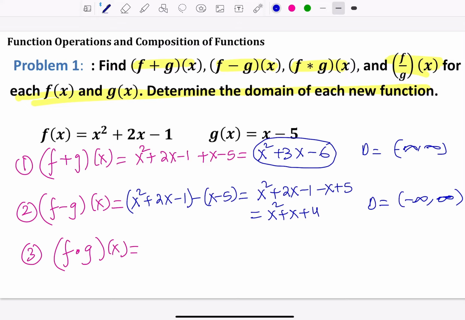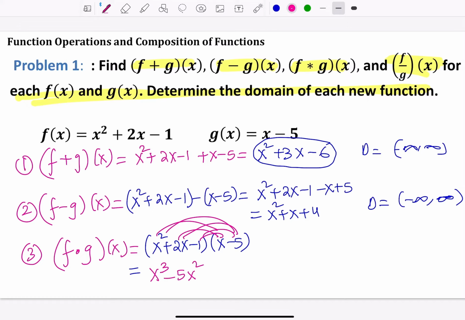Next, we're going to be talking about the product function, f times g of x. For the product function, we can simply go ahead and multiply the two functions, and we would be using the distributive property to multiply them. So we can do this and then combine the like terms. So it would be x to the third minus 5x squared plus 2x squared minus 10x minus x plus 5.